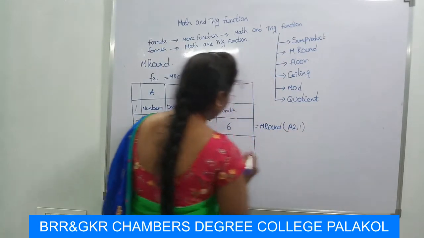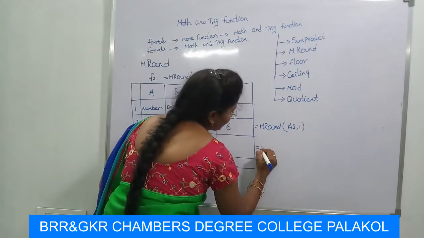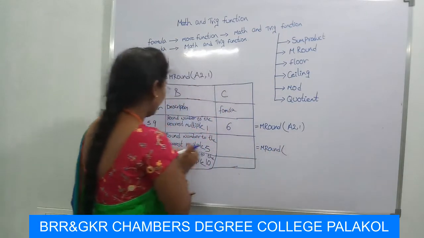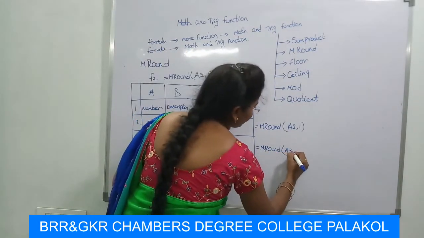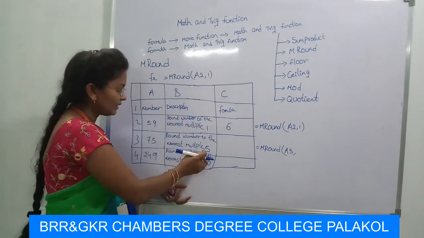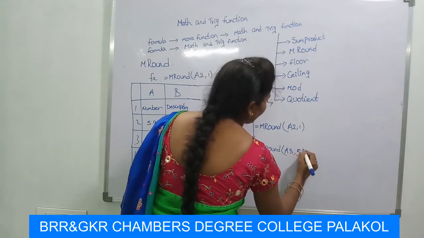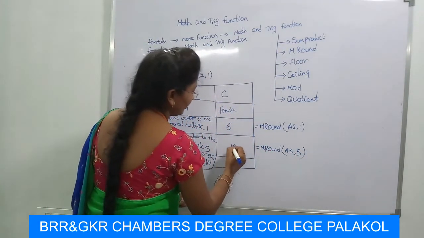For this C3 cell, the formula is mround, and this cell reference is A3, the nearest multiple is 5. I have to enter 5, and the result will appear here, and the result is 10.